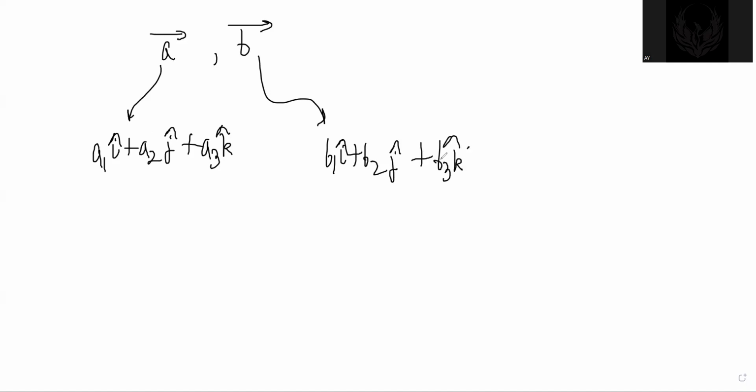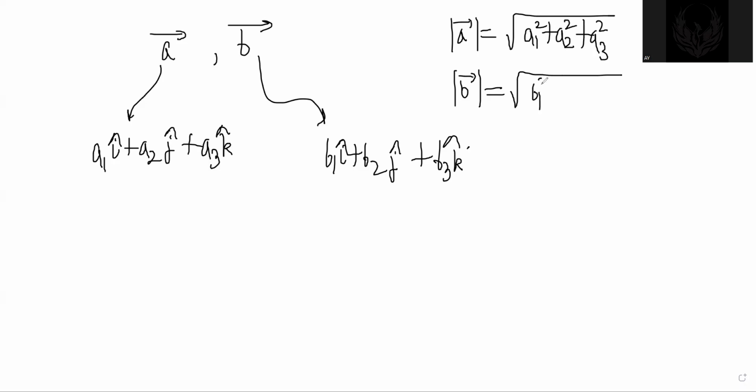Now we know that mod of A is going to be root over A1 square plus A2 square plus A3 square, which is just the length of the A vector. And similarly, mod of B would be root over B1 square plus B2 square plus B3 square, right?